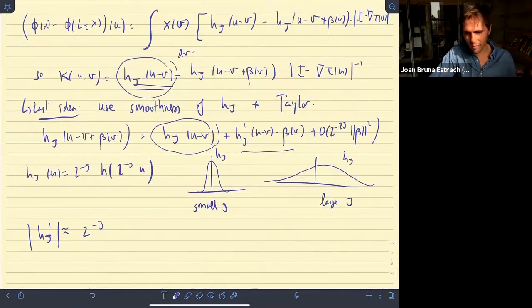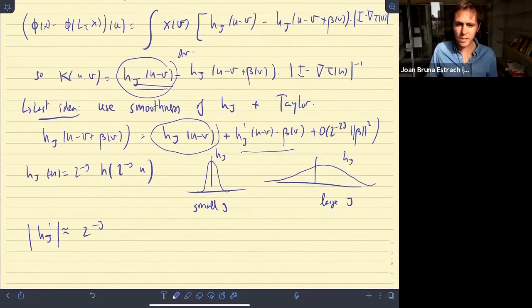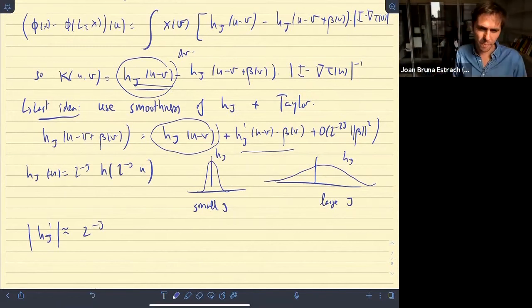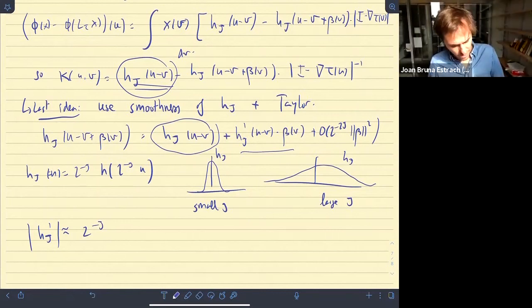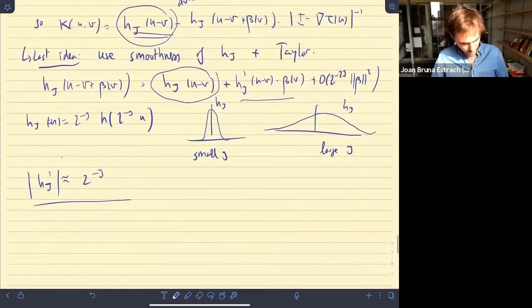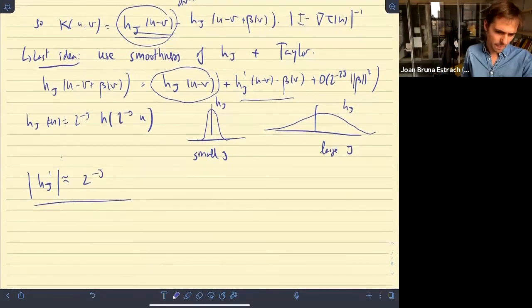So the most dominant term is the first order term, and this is where you see that there's a dependency on 2 to the minus j. There are of course a few more details that you need to verify, like a short lemma, that you can integrate along the rows and the columns, but the gist, the essential idea, is really this. All right.